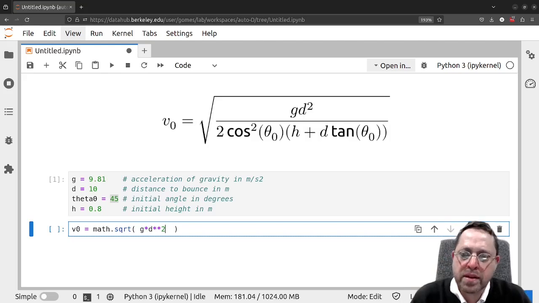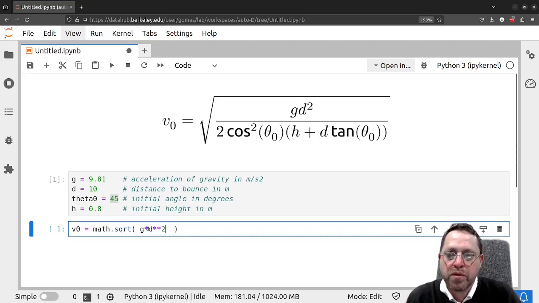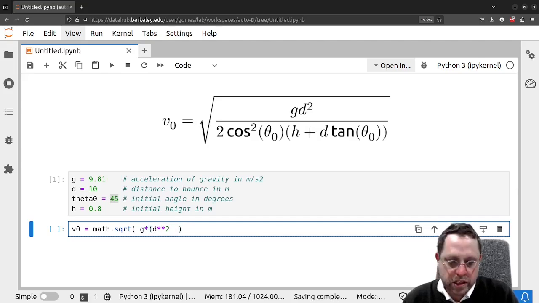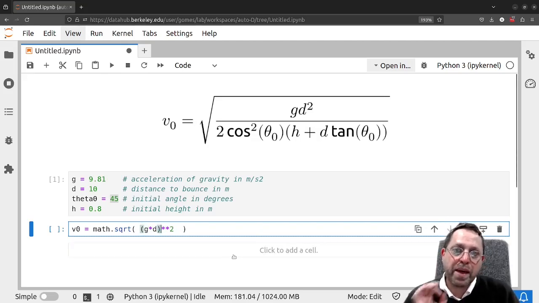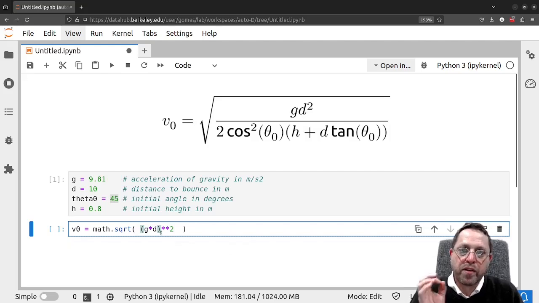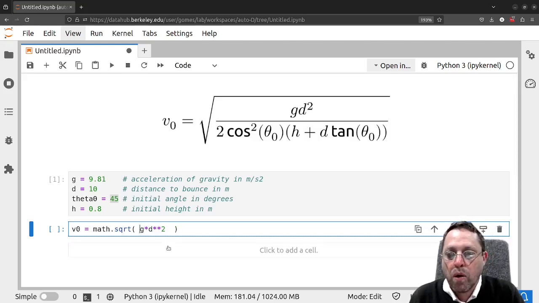Now, at this point, there's a little bit of an ambiguity because we don't know whether Python is going to evaluate g times d squared as desired, or evaluate it differently, depending on whether it first does the multiplication and then the exponentiation, or first does the exponentiation and then the multiplication.